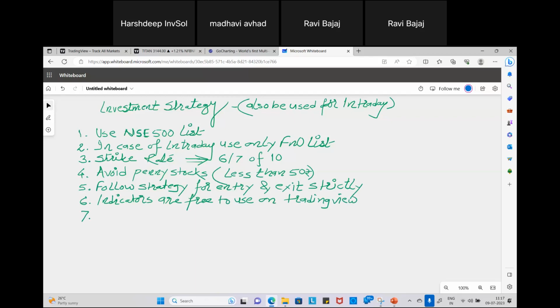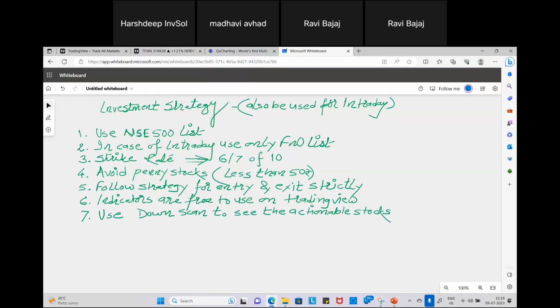Seven. Use the freely made available DAO scan to see the list, see the actionable stocks.